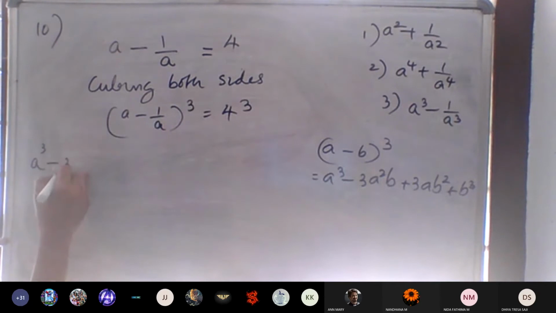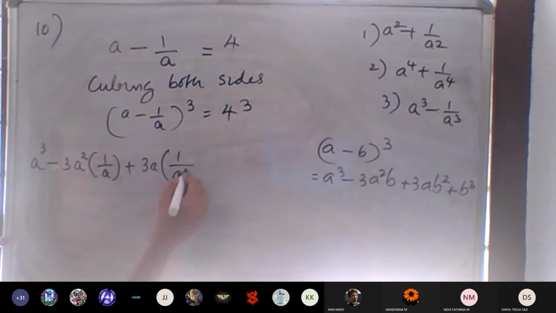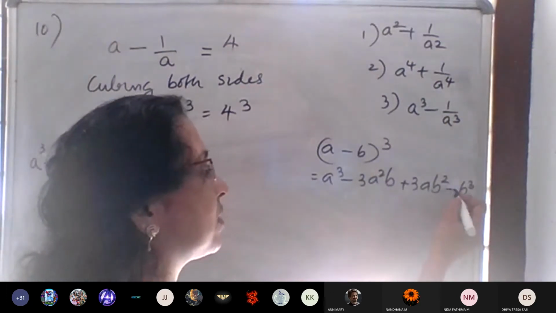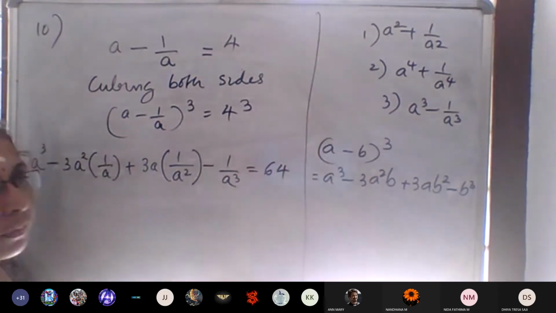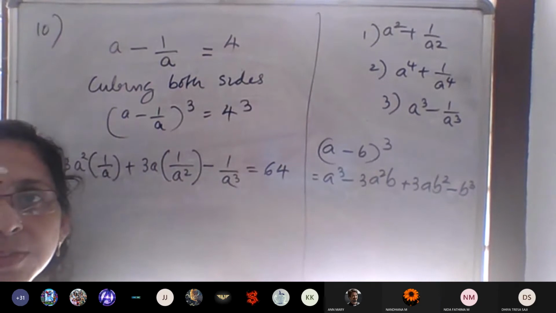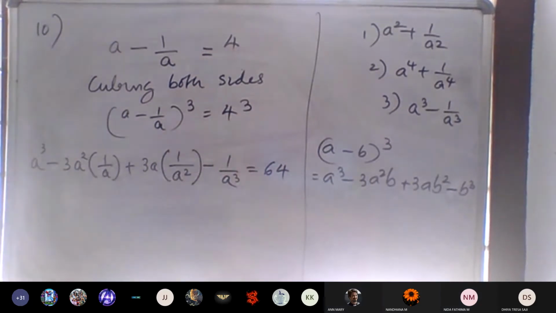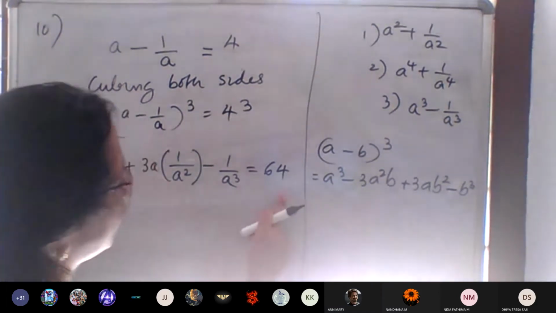Here I wrote a plus, but it is minus. So a cube minus 3a square into 1 by a plus 3a into 1 by a square minus 1 by a cube is equal to 4 cube. 4 fours are 16, 16 into 4 is 64.